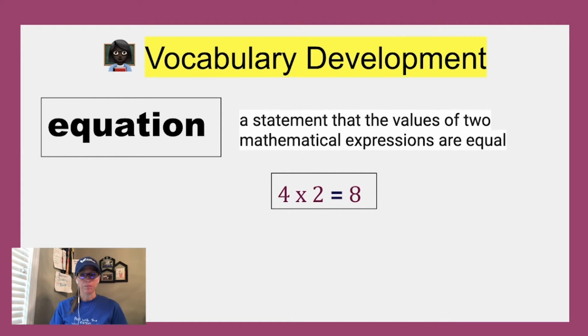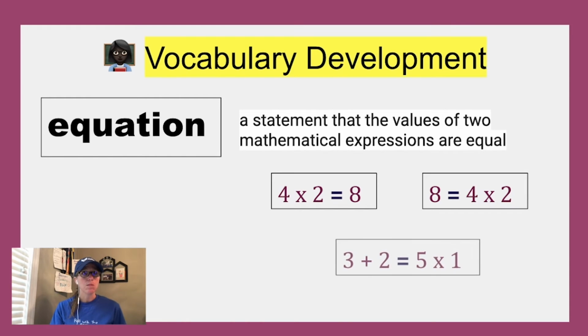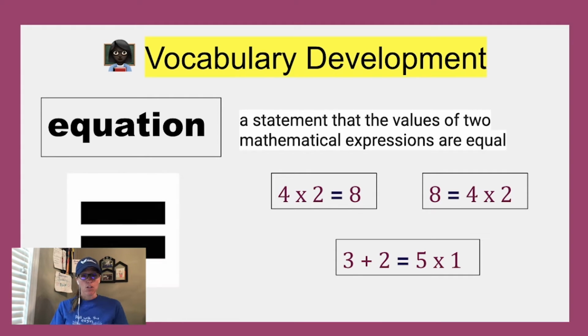For example, 4 times 8, that expression, is equal or the same as 8. Here's another one. 8 is equal to or the same as 4 times 2. Those are equations because they have an equal sign. Here's another equation. 3 plus 2 is equal to 5 times 1. Those equations all have equal signs.